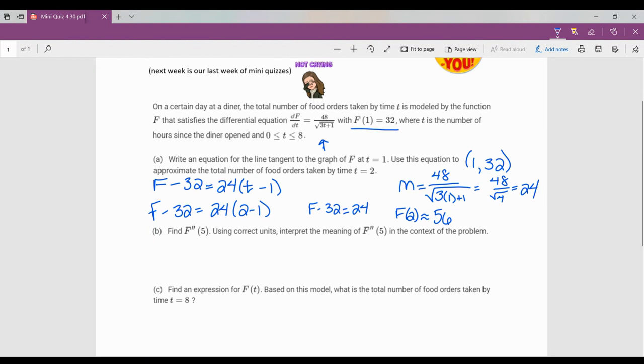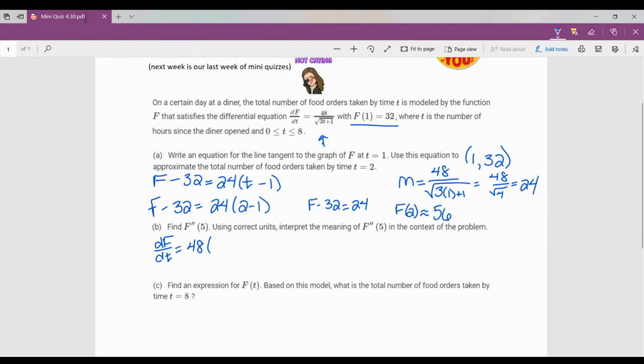All right, so now find f double prime of 5. So that's the derivative of this equation. So I'm going to just rewrite the derivative. df dt equals 48, and then because it's on the denominator, I'm going to write it as 3t plus 1 to the negative 1/2.